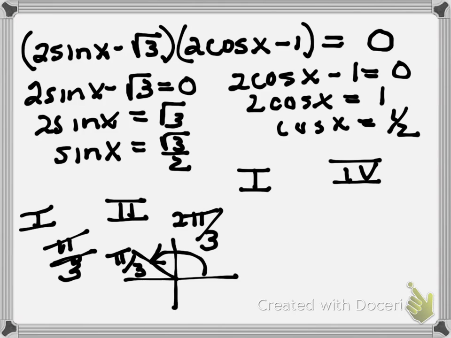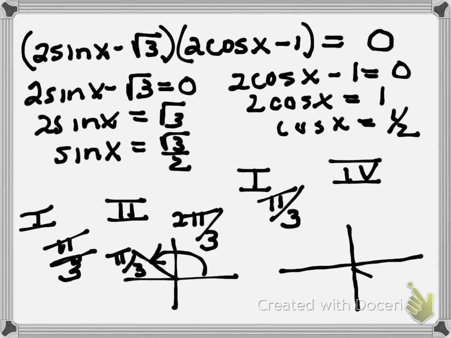Now, what angle has a cosine of 1/2? Sine of 30 is 1/2. Cosine of 60, they're cofunctions. So it would be 60, which is pi over 3.